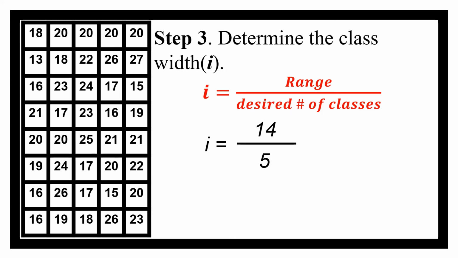So 14 divided by 5 is 2.8. And we have to round off the answer to obtain a whole number. So if we round this off, we will have 3. What is this 3? This is the number of scores in each class interval or in each group.